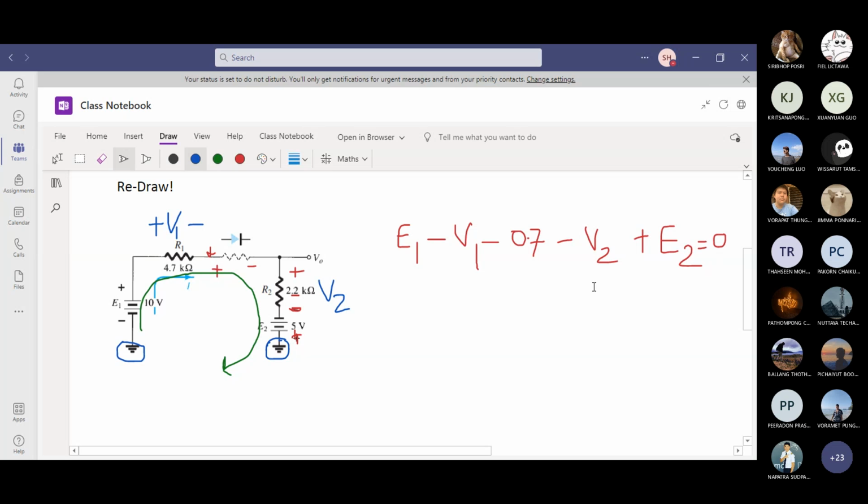Do we know V1, V2? We don't know yet. We can find out. What is V1 according to Ohm's law? I times R1, isn't it? In this loop, is there one current or different currents? Anyone? Is it one current or different currents?